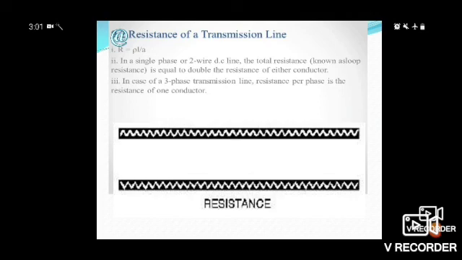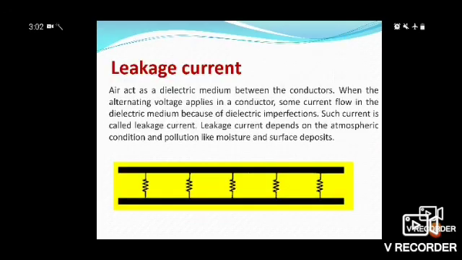In a single phase the total resistance is double the resistance of either conductor, but in 3-phase the resistance per phase is the resistance of one conductor. That is the difference between single phase and 3-phase.